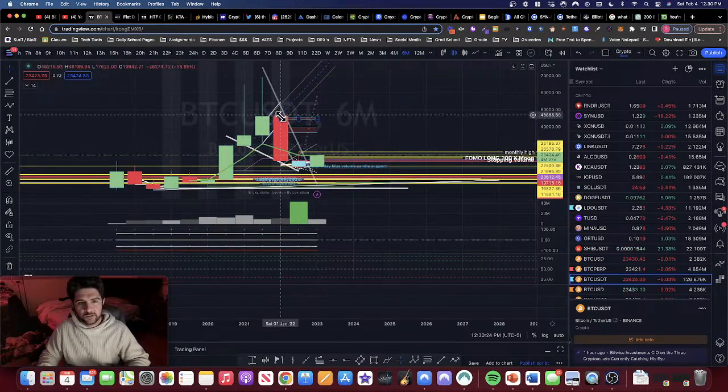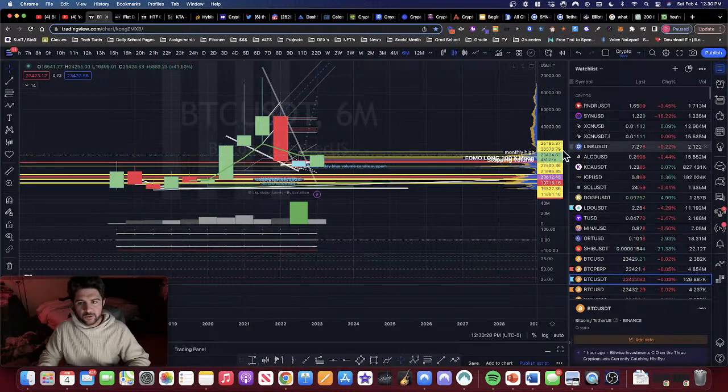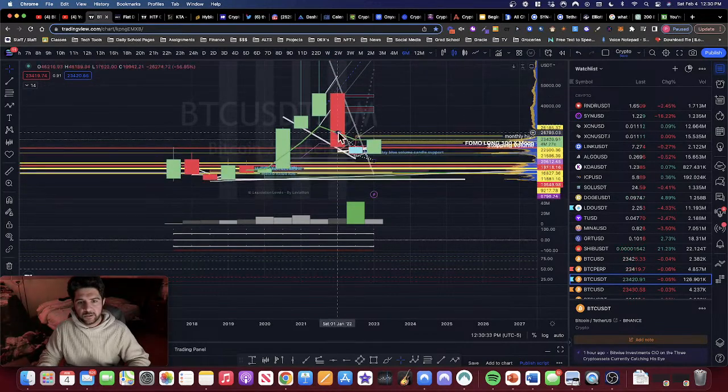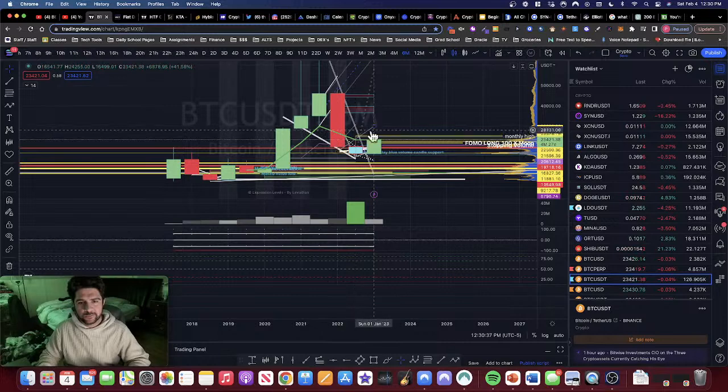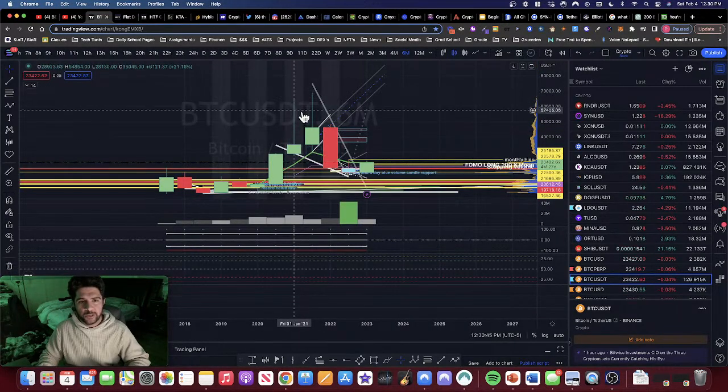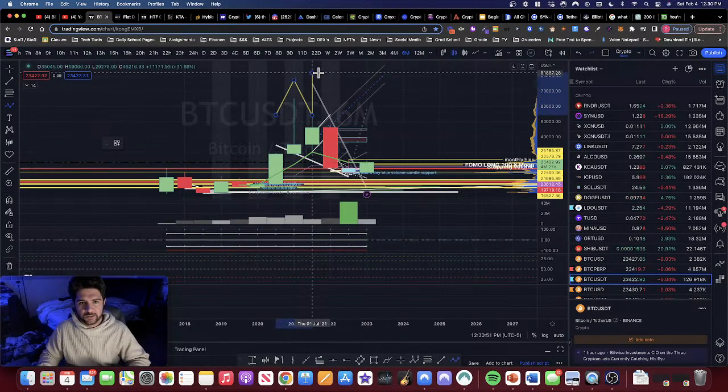Now you got your 6 month. Again, we have a bearish engulfing candle on the 6 month. That would signify to me that the bears are still in control. Not only that, you got a little M formation here, over these two 6 months here.